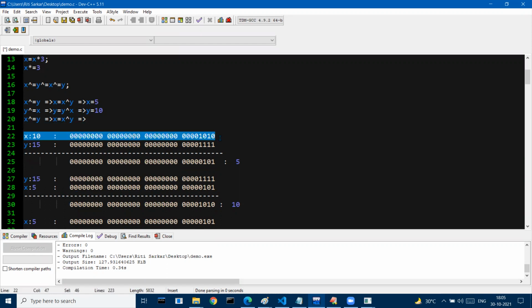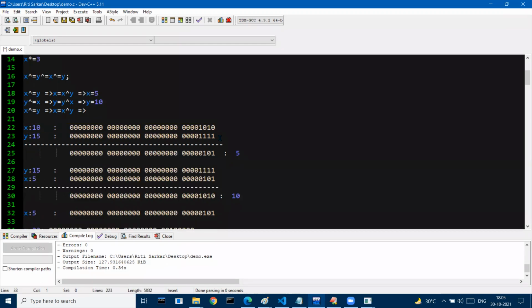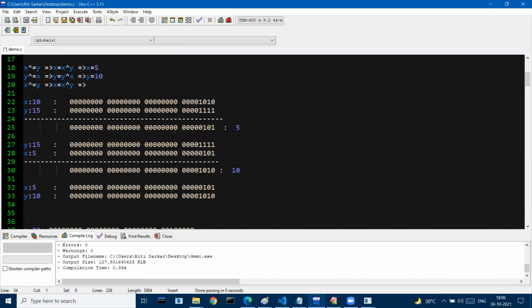The current value of y is 10, don't forget. Go for it. 0101 XOR 1010 gives 1111. Remaining all are 0.